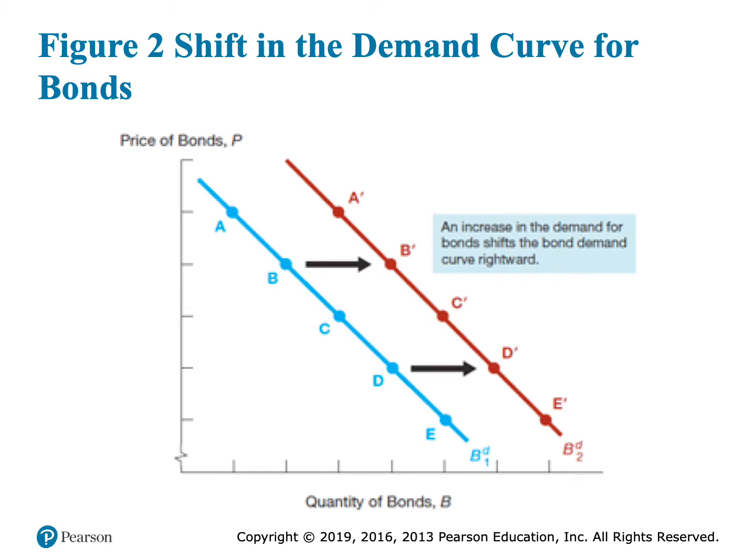Here we have a diagram that is essentially showing you what a shift in a curve looks like, right? We start off at point A or point B or point C or point D. We could be at any of these points, right? But a change in something like liquidity would mean that for any quantity of bonds that you were initially demanding, they are now more attractive, right, and worth more to you, and so you increase your demand for them.